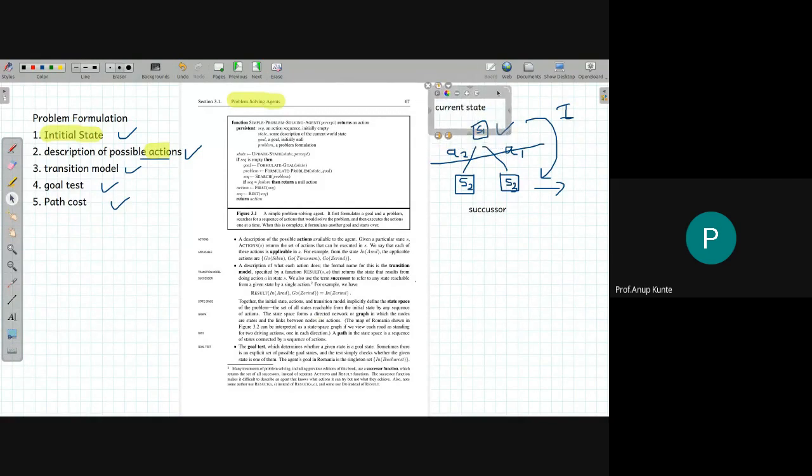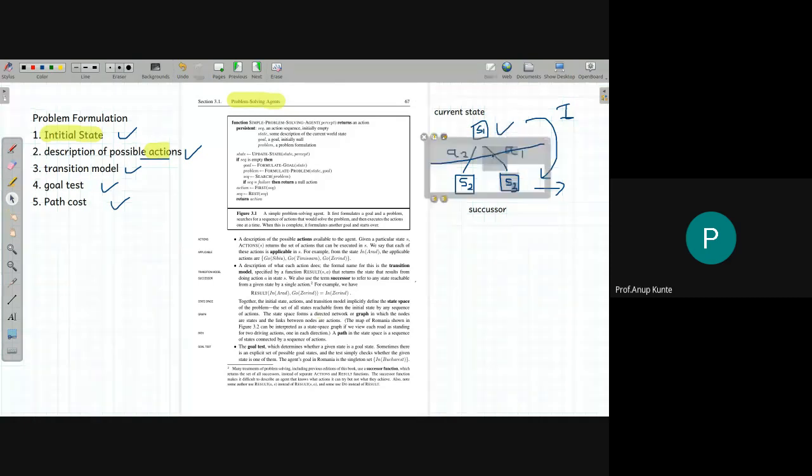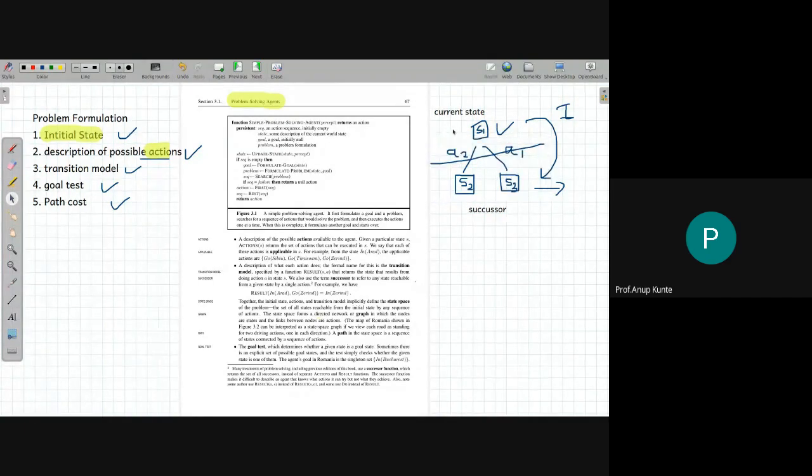And the algorithm that we discussed always does this particular activity. It sees what the current state is. It checks what the possible actions are in that state. So these are nothing but my possible actions.